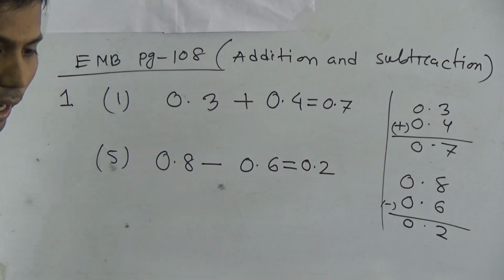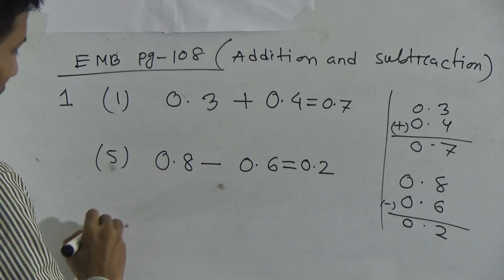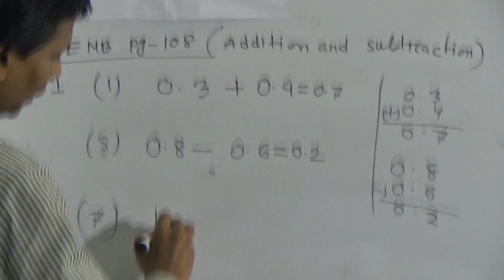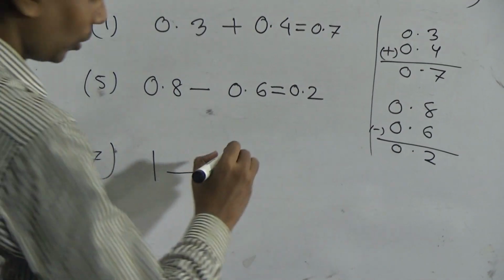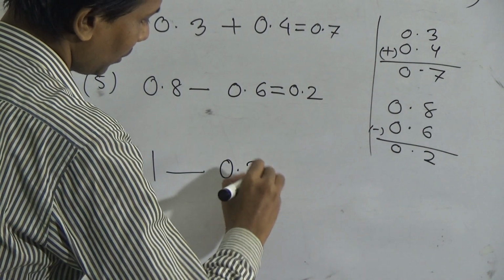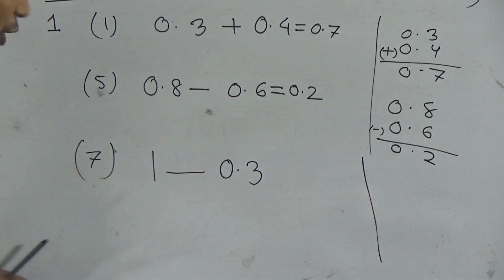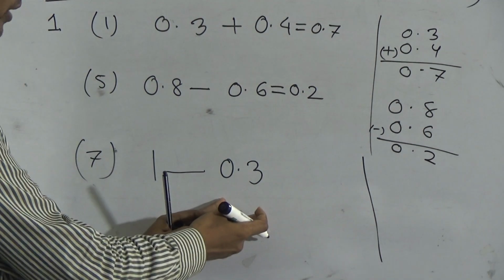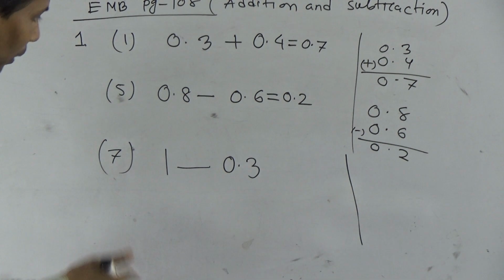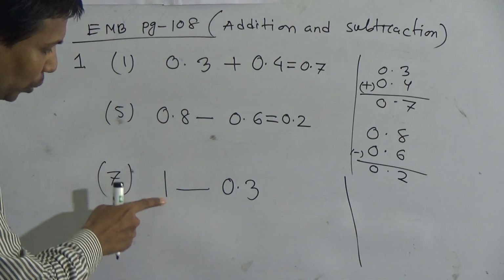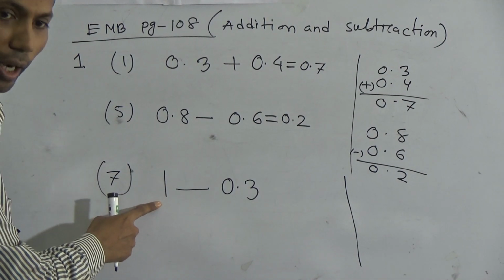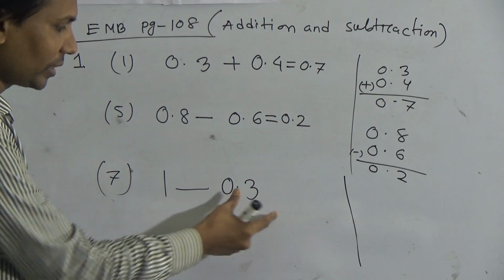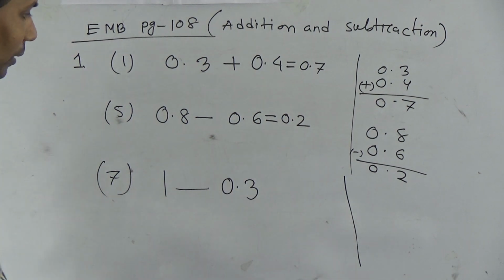Okay. Now you see question number 7. 1 minus 0.3. You have to subtract 0.3 from 1. Remember, 1 is an integer number, and 0.3, this is called the decimal number. Okay.